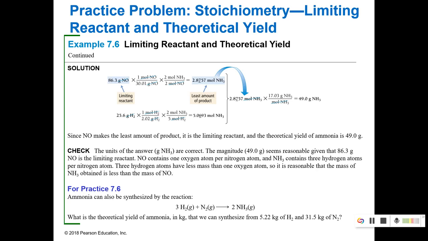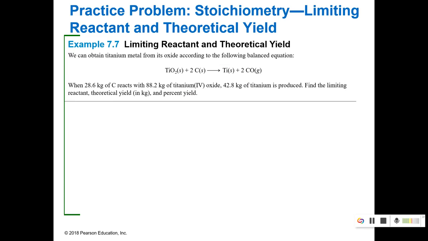I want to do another one that's got a theoretical yield and a percent yield. This one wants us to do way more. We need to find the limiting reactant, which you should do anyway, find the theoretical yield in kilograms, and then also find the percent yield. Notice this one gives me 3 values, but this is the key here: it says titanium is produced.